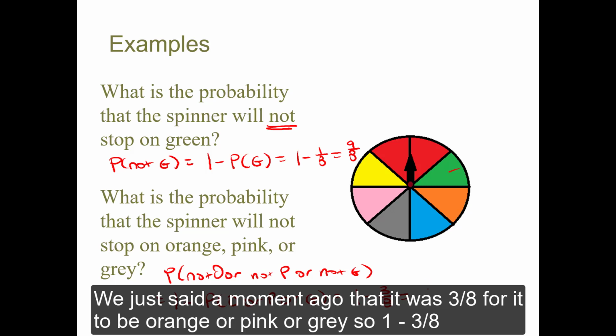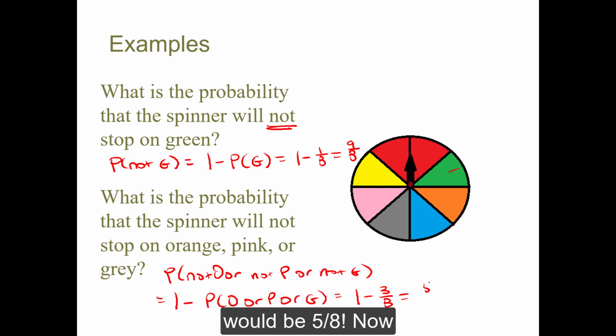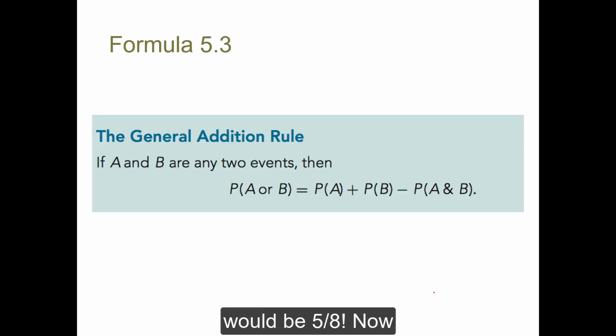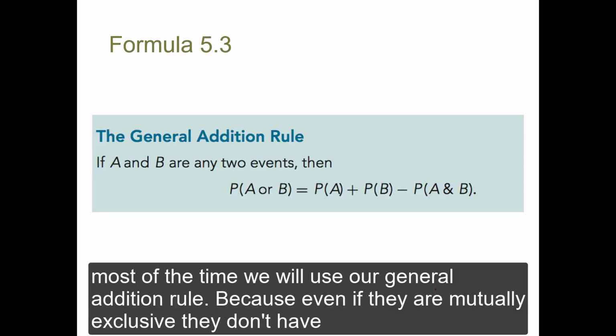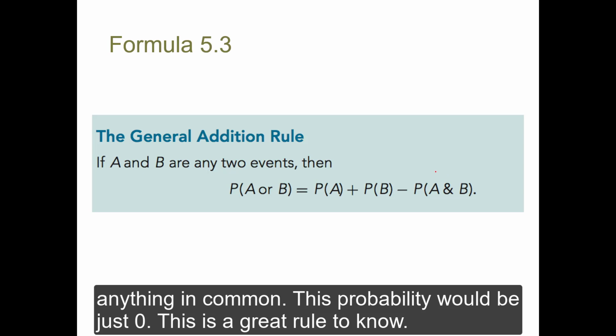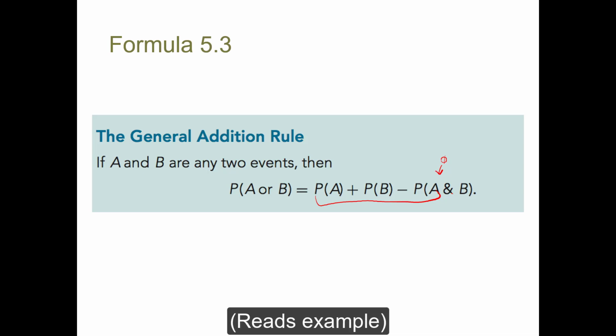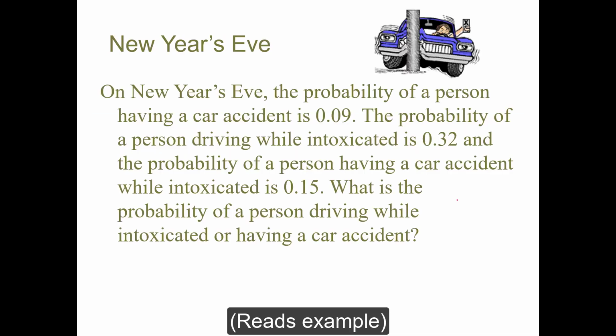So 1 minus 3/8 would be 5/8. Now, most of the time we're going to use our general addition rule, because even if they are mutually exclusive, they don't have anything in common, so this probability would be just 0. But this is a great rule to know. So probability of A plus B minus what they have in common.